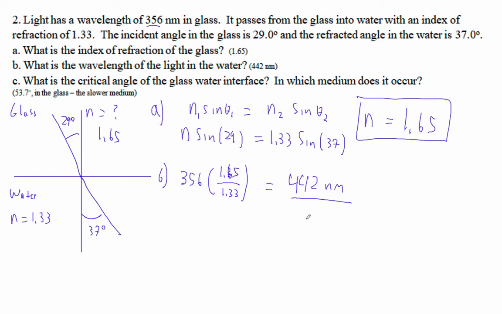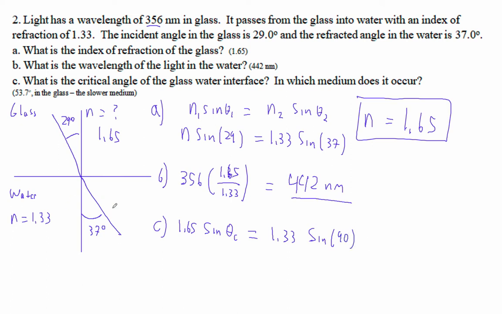Okay, let's see. What is the critical angle of the glass-water interface? Okay, so this is going to happen in the glass because this is the slower medium, right? Okay, so we're going to go 1.65 sine of the critical angle equals 1.33 sine of 90.